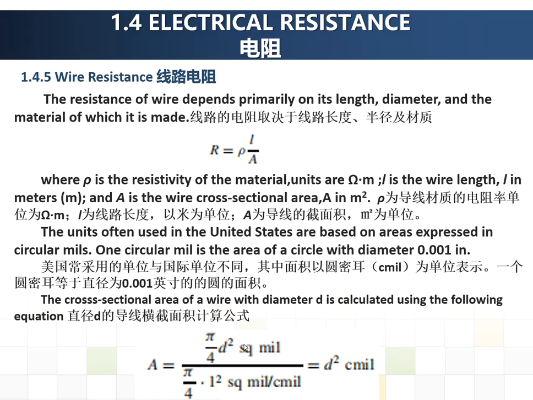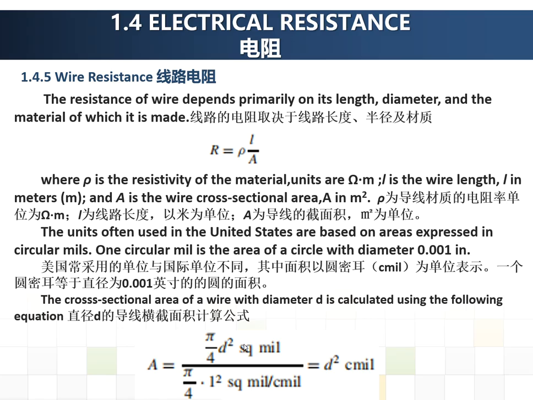The cross-sectional area of a wire with a diameter d is calculated using the following equation. The area A is equal to pi divided by 4 multiplied by d square. The unit is a square mil.